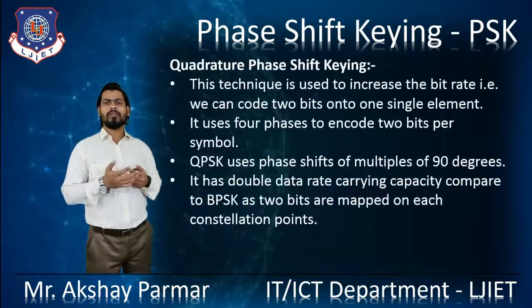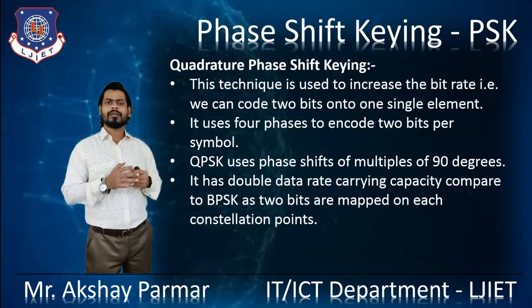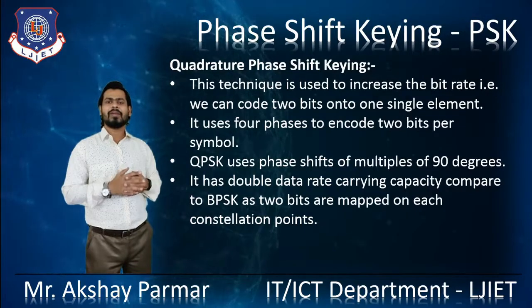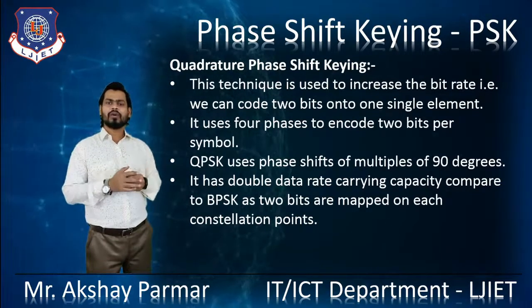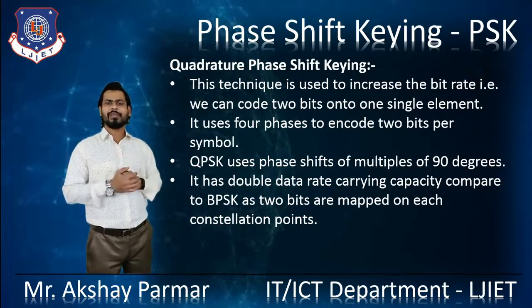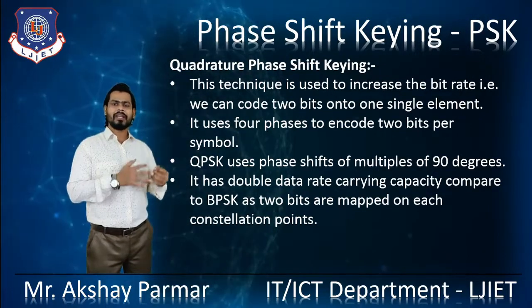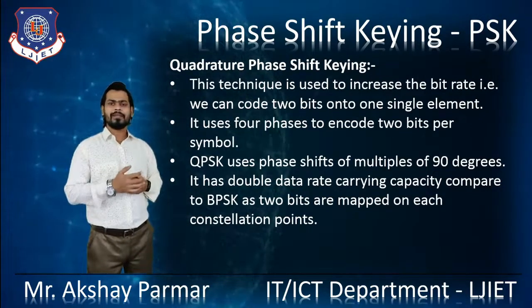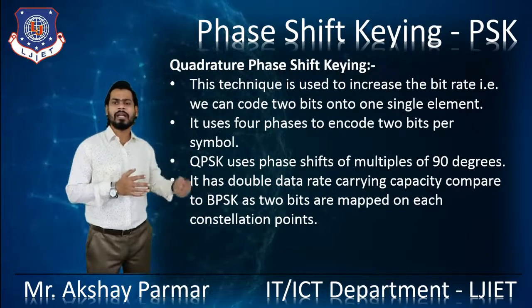After that, let's see quadrature phase shift keying. What is quadrature phase shift keying? This technique is used to increase the bit rate. For example, we can code 2 bits into one single element. It uses 4 phases to encode 2 bits per symbol. QPSK uses phase shifts that are multiples of 90 degrees.